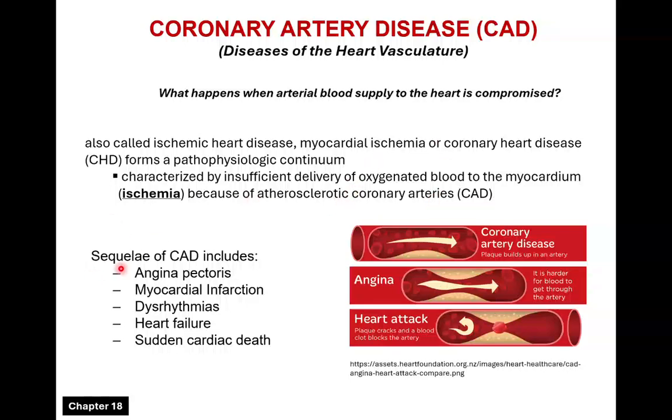As for the sequelae, or the consequences, of coronary artery disease, we're going to discuss angina pectoris. Angina pectoris can lead to myocardial infarction. We can have dysrhythmias depending on which artery is blocked. We can have heart failure or sudden cardiac death. And for coronary artery disease or coronary heart disease, we're going to be in chapter 18 of the text.